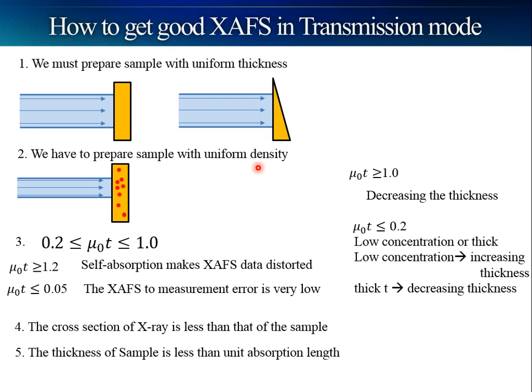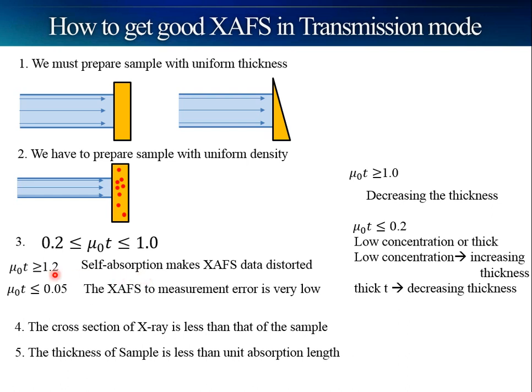Good SAFS data are obtained when the total absorption step is greater than 0.2 and less than 1.0. If the total absorption step is greater than 1.2, the SAFS data are distorted by self-absorption.